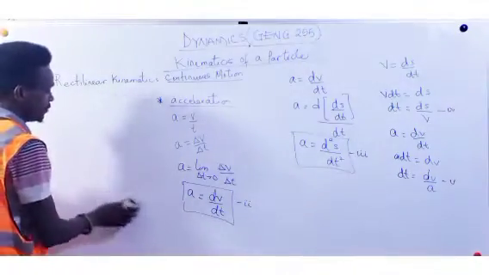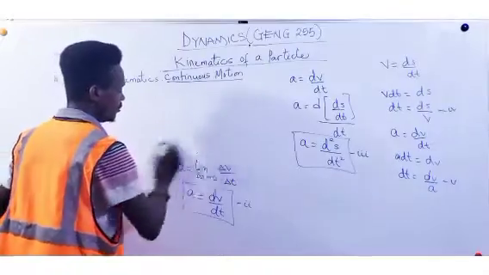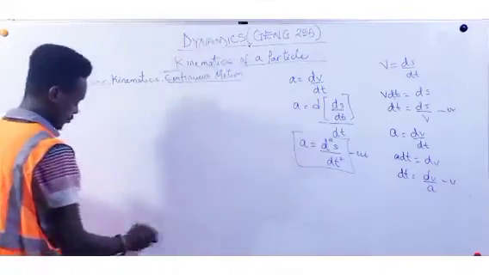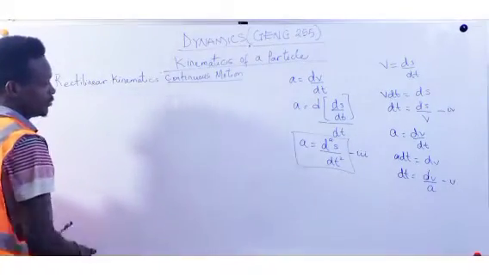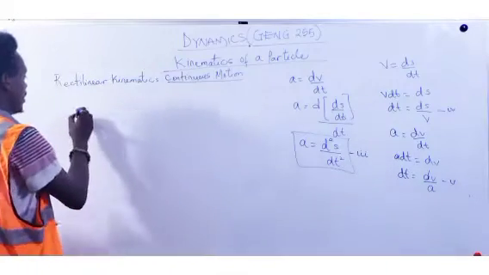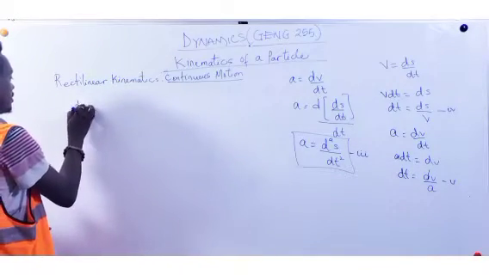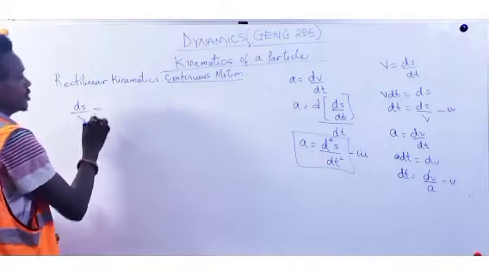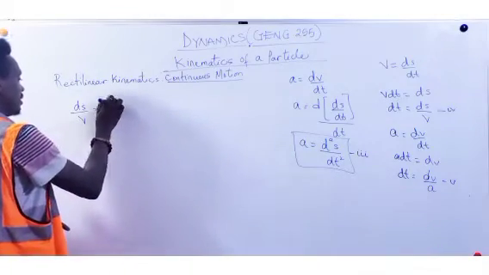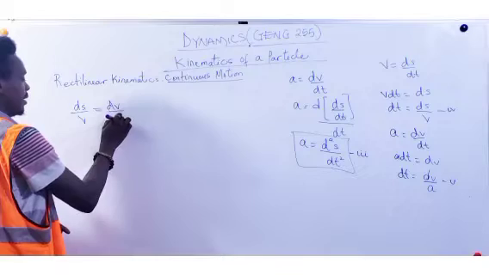So we can equate equation 4 and that of equation 5. Equation 4 says ds by v is equal to equation 5, which says dv by a.